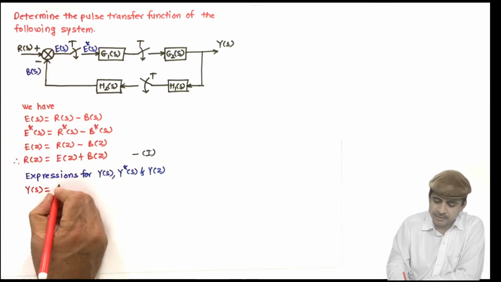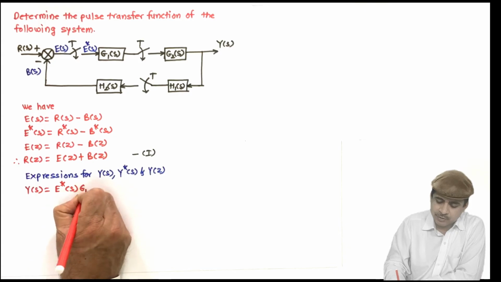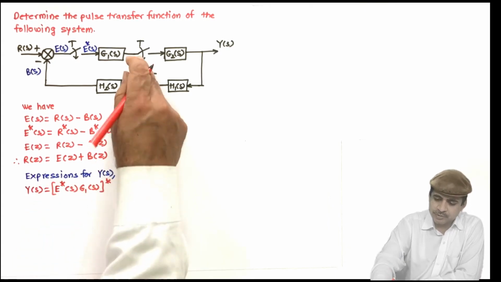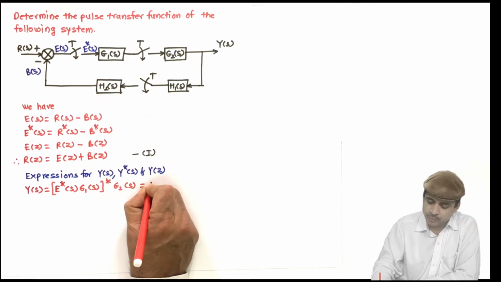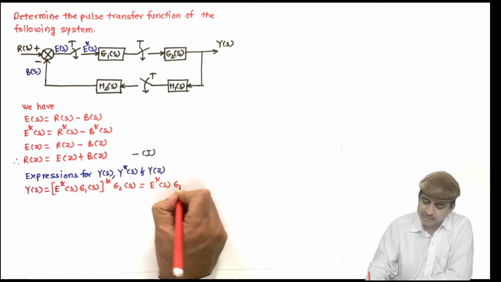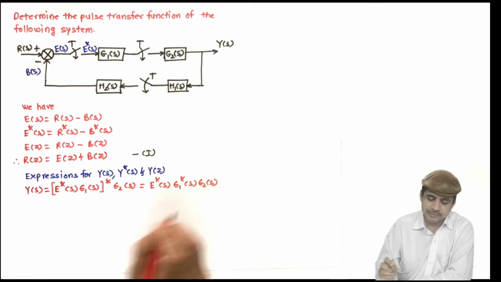We start with this point. So E*(s) into G1(s) whole star, because of this sampler, into G2(s). I will simplify this: E*(s), G1*(s), G2(s).